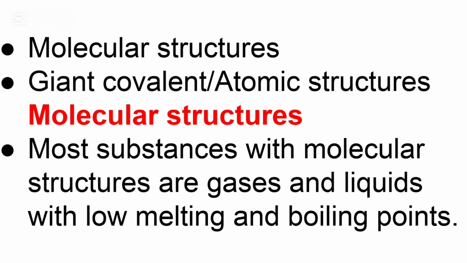Most substances with molecular structures are gases and liquids, with low melting and boiling points. In molecular structures, atoms share electrons such that each atom becomes stable. So there is no complete transfer of electrons like in the case of ionic bond. Instead, the electrons are shared among the atoms.